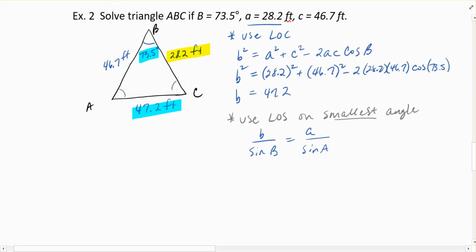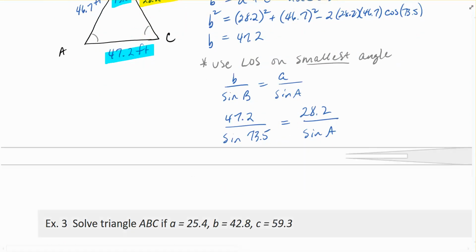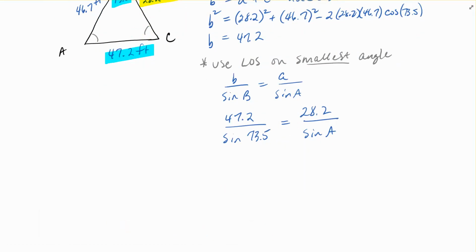So we have the information we need in here. Side B would be 47.2 feet divided by the sine of 73.5. That's equal to side A of 28.2 feet divided by the sine of angle A. So doing a little algebra here, we are going to cross multiply.